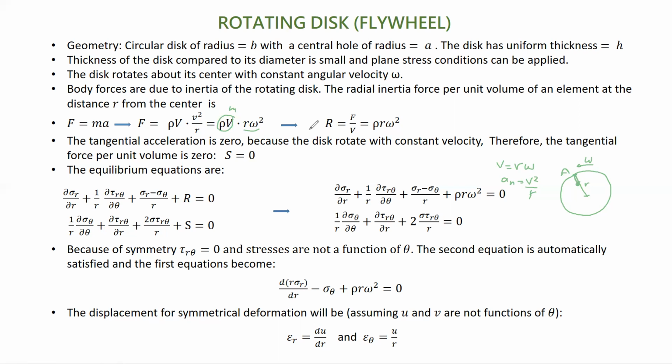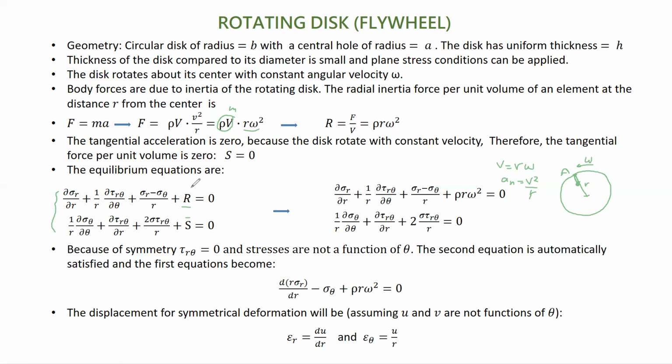In our elasticity formulation, this is the equation of equilibrium. These two are equations of equilibrium, where R and S are body forces per unit volume. So if this is the total force per unit volume, I just divide it by the volume, and I get rho R omega squared.